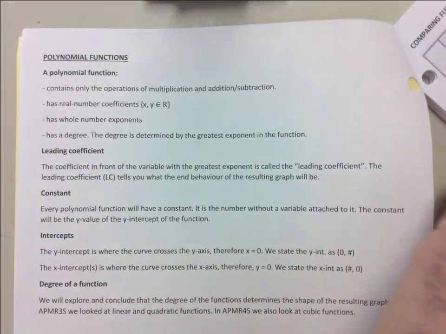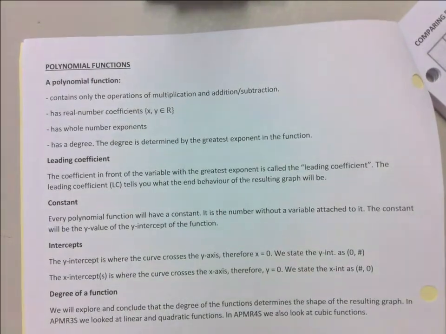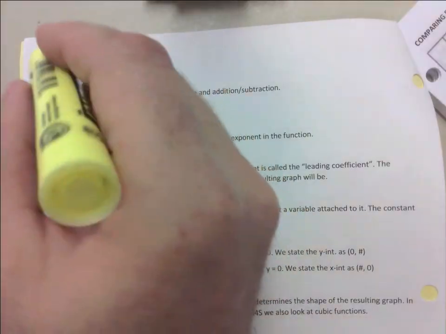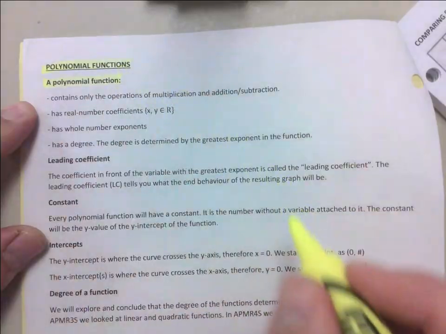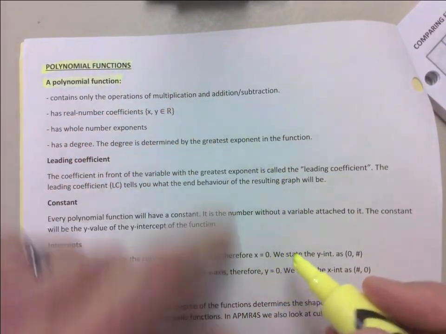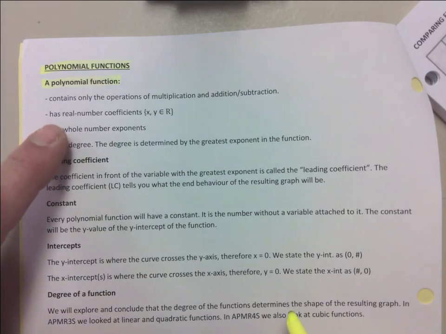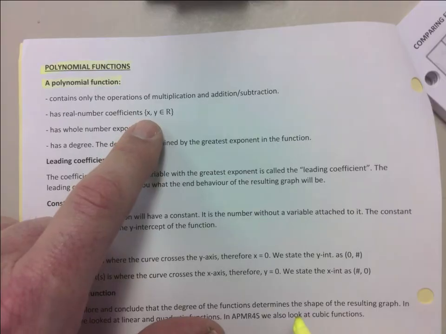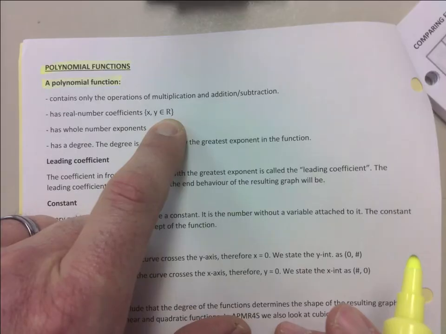So this is a little bit of the theory behind everything. Okay, so page 3, polynomial functions. Polynomial functions contain only the operators of multiplication, addition, and subtraction. They have real numbers as the coefficients, right? So x and y would be part of the real numbers.